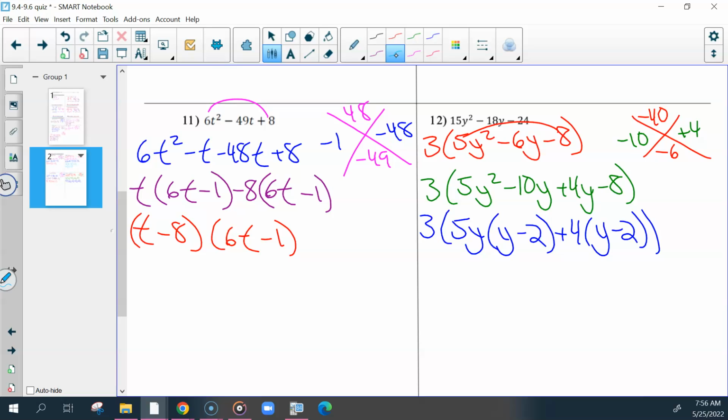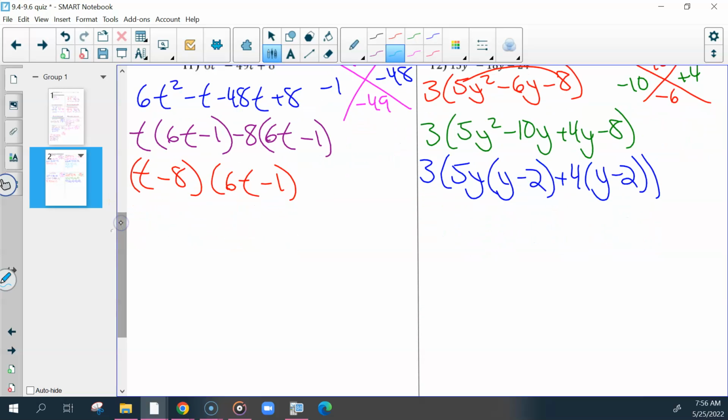Multiply 5 and negative 8, and the negative 6 in the middle. And then our final answers would be 3 times 5y plus 4 and y minus 2. Do we have any questions on that one?